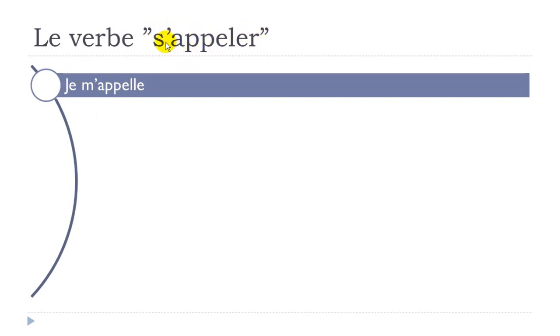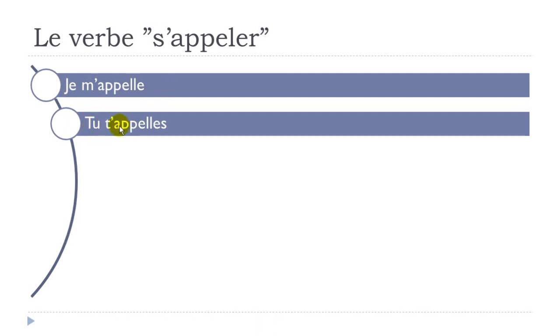And when you add this s and transform it into this form, I call, and this is a pronoun, it's like me, so it's like I call myself. So it's just the way we've got in French to introduce ourselves. So it's je m'appelle. Okay, je m'appelle.